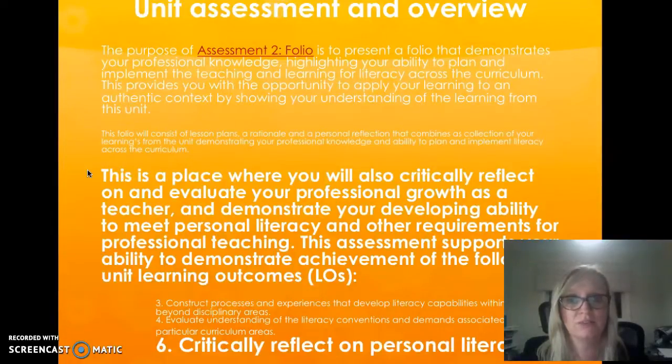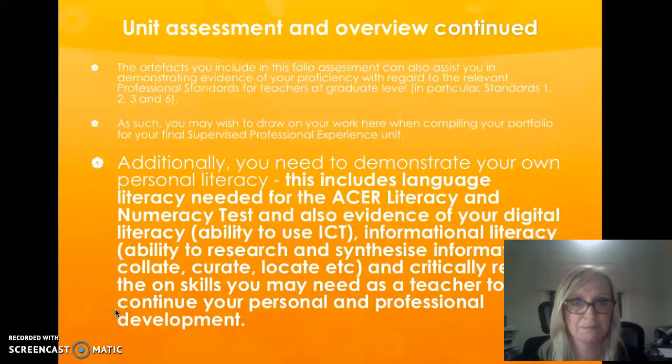This assessment supports your ability to demonstrate the achievement of the following unit learning outcomes. So there's 3 of them there, and we're just focusing on 6, critically reflect on personal literacy, over the next few slides.